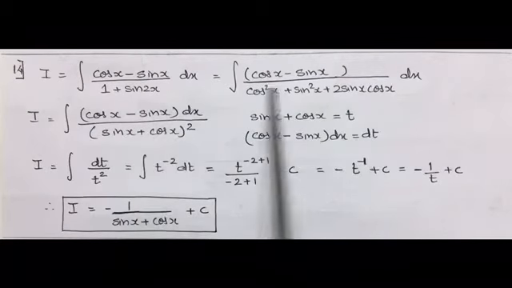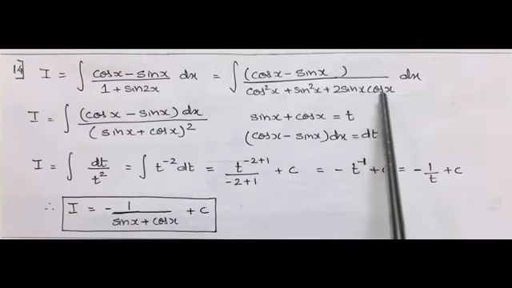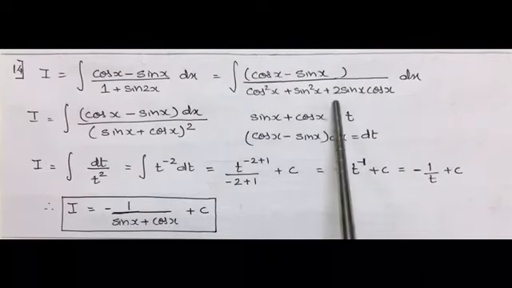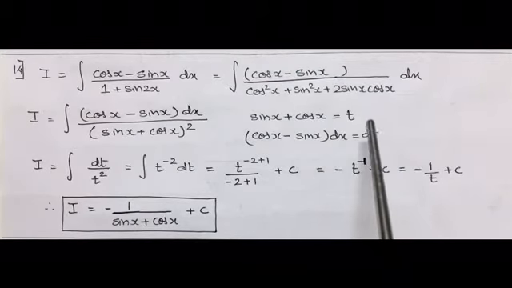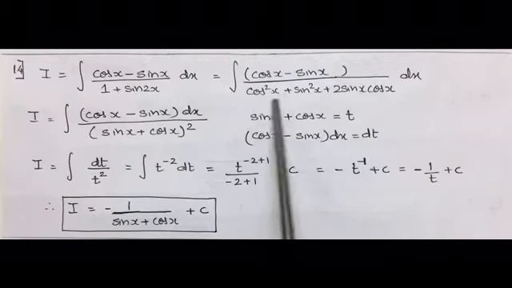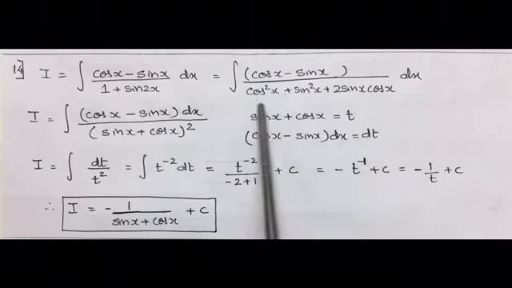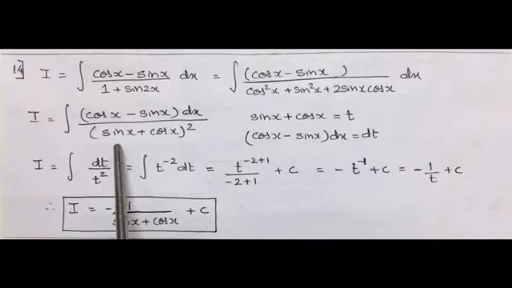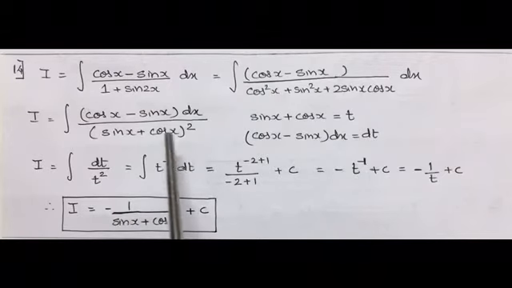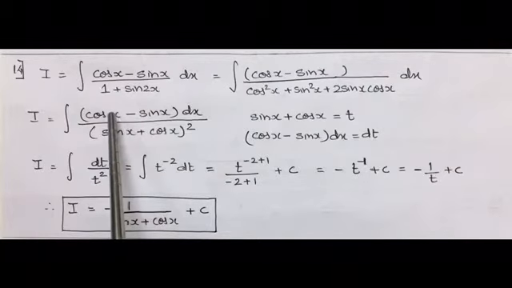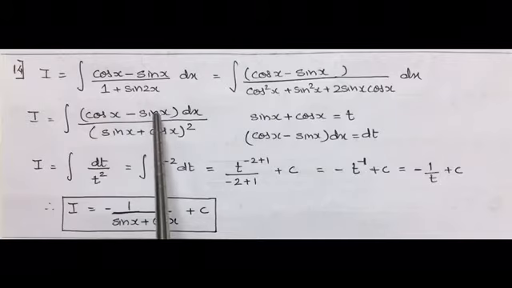In the place of sin 2x, 2 sin x cos x is substituted. And after substituting it, it gets converted into sin x plus cos x whole square. Upside remains cos x minus sin x.